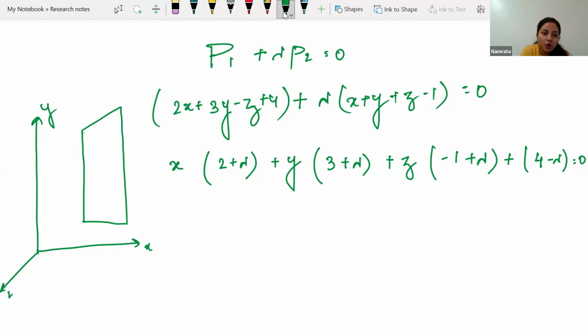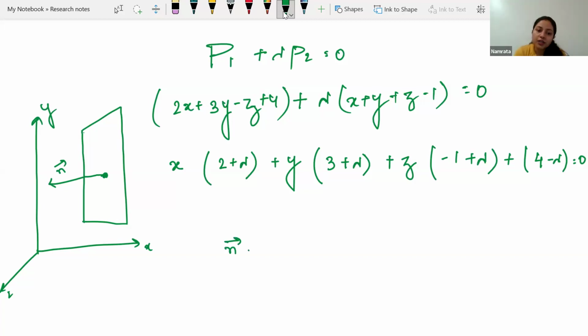If we find the normal to the plane, can we say that the normal will be normal to y-axis also? Yes or no? If we take the normal to this plane, that normal will be perpendicular to y-axis also, right? So how do we find the normal to the plane?